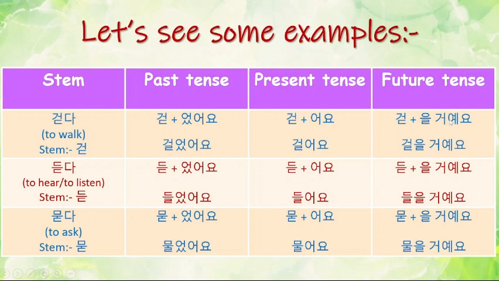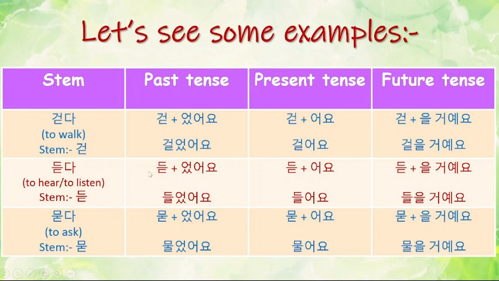You can notice that in all these 3 cases, a vowel is coming to get attached to khot, that is the stem. So, because of this, the tigit is getting replaced with lir. Next is the example thitta, which means to hear or to listen. Here the stem ends in tigit.